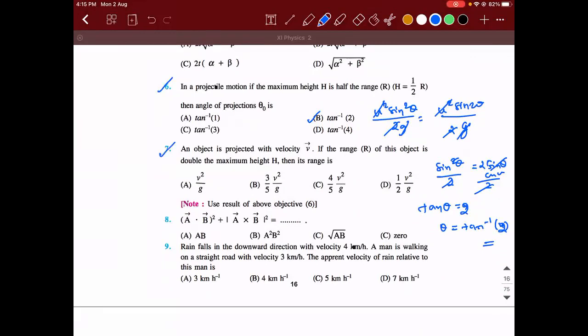Now try the next one. An object is projected with initial velocity v vector. If the range of the object is double the maximum height... So it's the same as this problem. R is equal to 2h. The range is equal to 2h. Then they're asking its range is how much. Now the question is different.